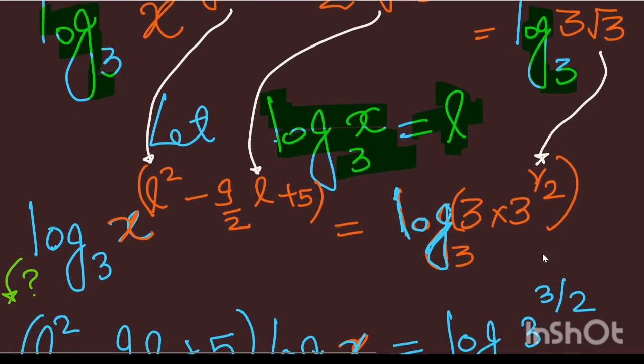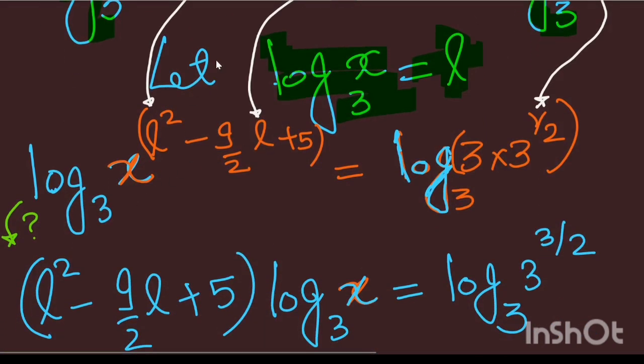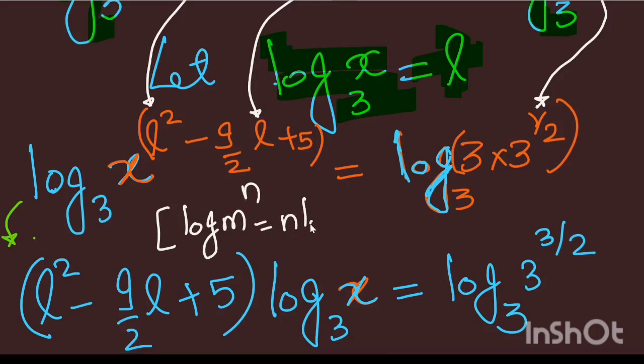Since we have taken log base 3, now as you can see here, from this step to this step, how did we get this? From this to this we used what, guys? Yes, we used the result log m to the power n is n log m.